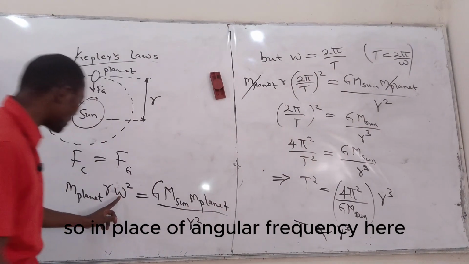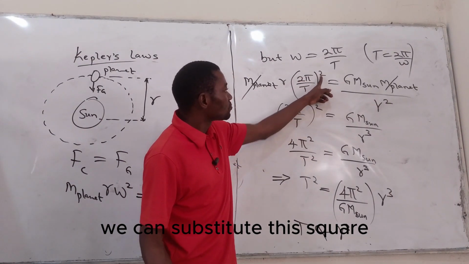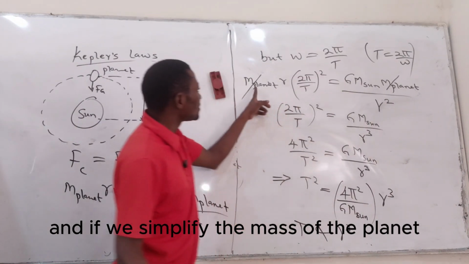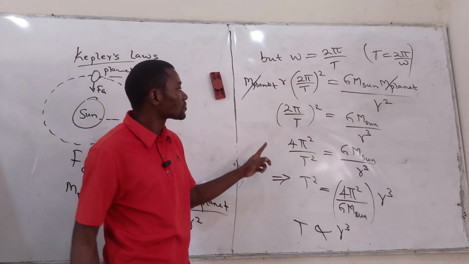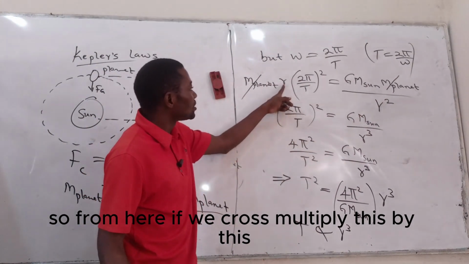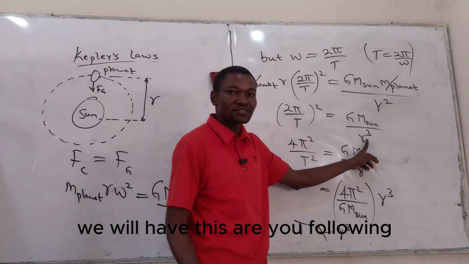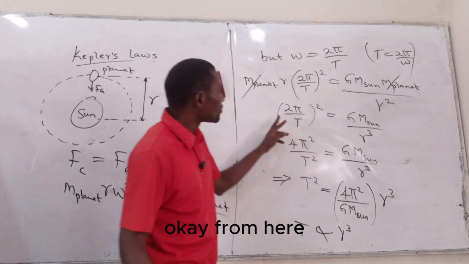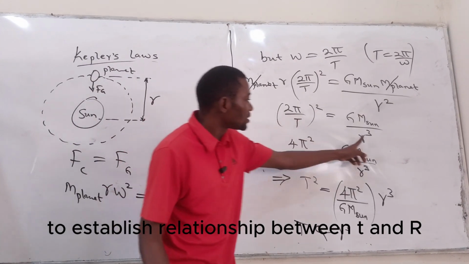So in place of angular frequency here, we can substitute this squared, and if we simplify, the mass of the planet will strike out. So from here, if we cross multiply this by this, we will have this. Are you following?